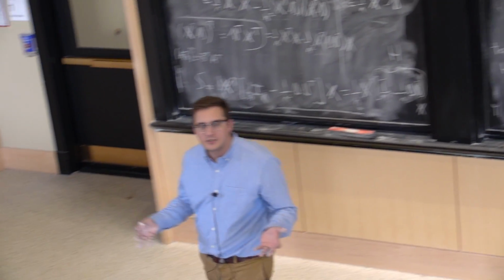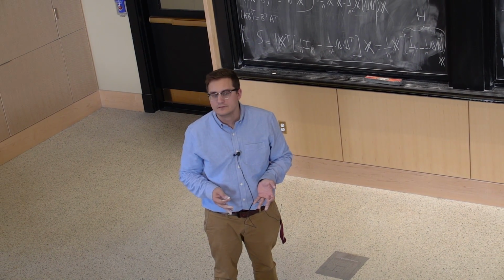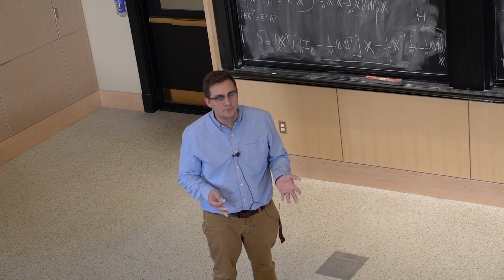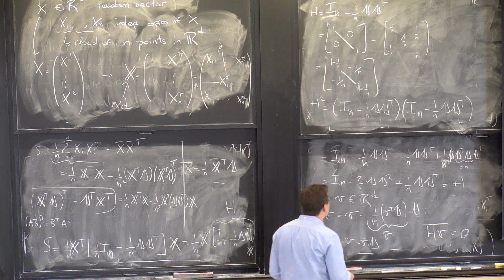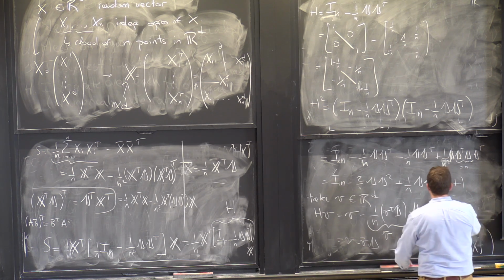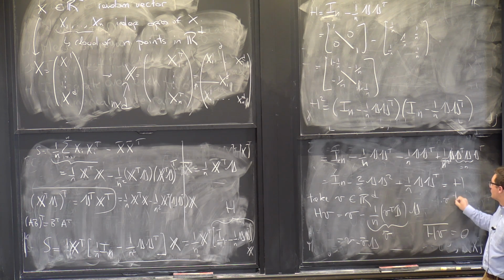So let me repeat my question. Onto what subspace does H project? Onto the subspace of vectors that have mean 0. If you want to talk more linear algebra, for a vector to have mean 0, it means that V is orthogonal to the span of the all ones vector.